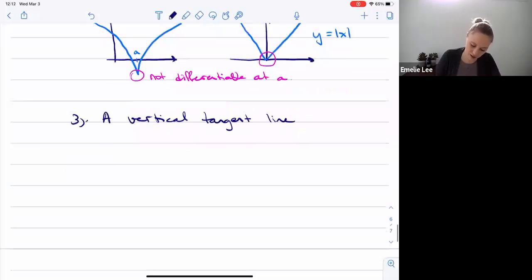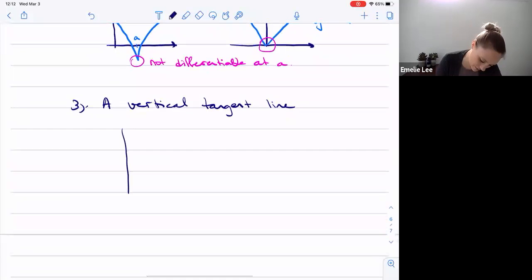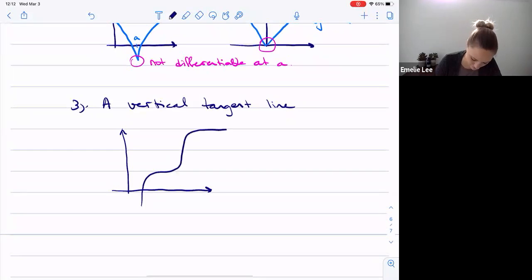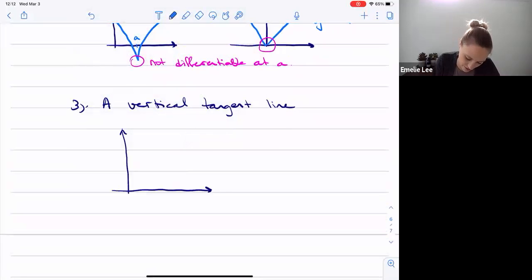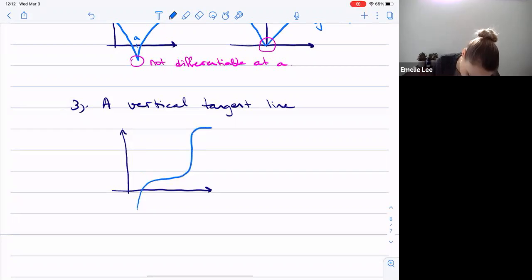So a vertical tangent line might look something like, if you have some sort of graph, I guess I've been drawing the graph in light blue anyways. Should do it more squished up maybe, because a vertical tangent line probably looks something like that.